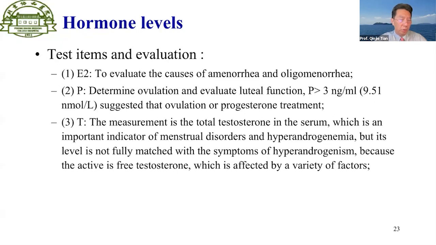Total testosterone measured in serum serves as a crucial indicator of menstrual disorders and hyperandrogenemia. However, its levels may not entirely correlate with the symptoms of hyperandrogenism, due to the active form being free testosterone, which is influenced by various factors.